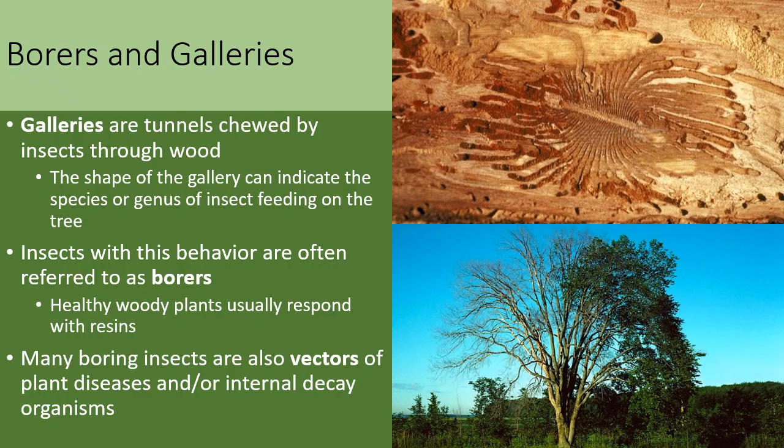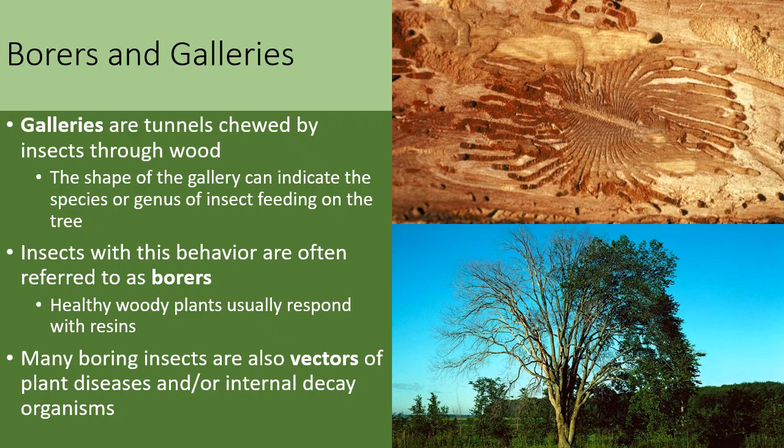Because of that, boring beetles, and there are also some caterpillars and some wasps that do this, prefer to attack trees which are already stressed, especially by drought, because they're much less likely to be able to mount an aggressive defensive response and successfully fend off the beetles. Healthy trees with adequate water usually respond by producing resins, which are really effective at stopping the beetles.